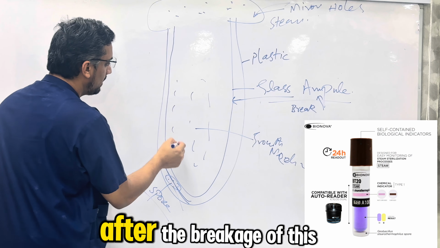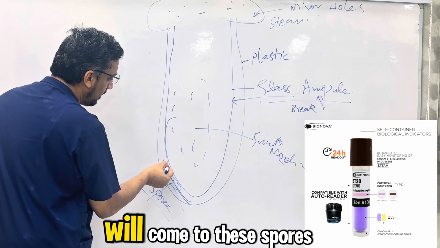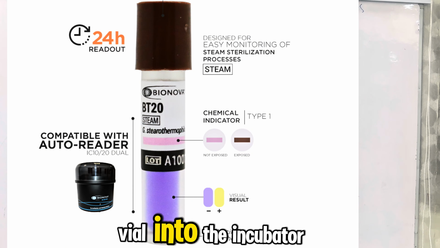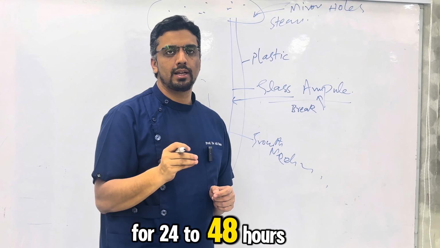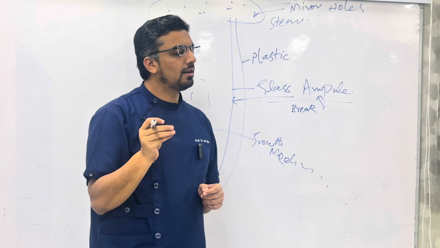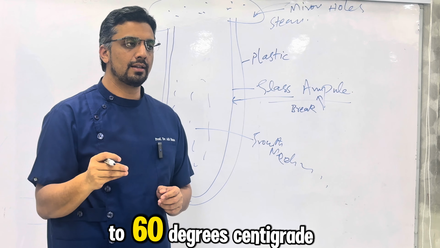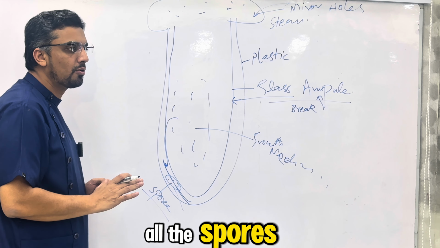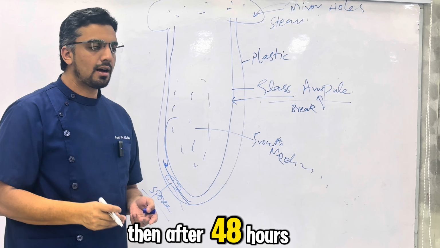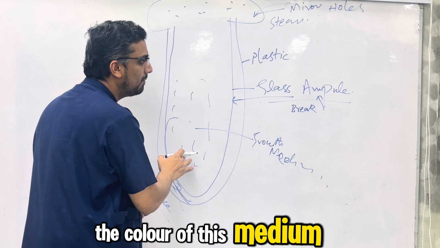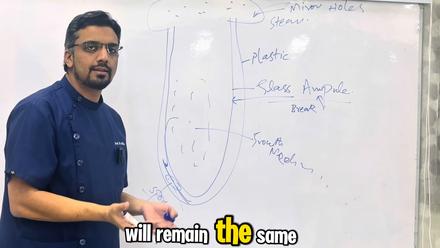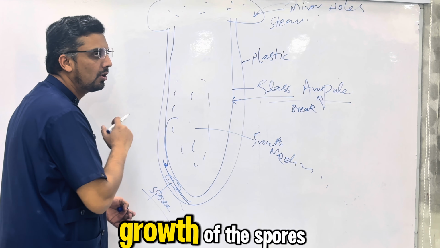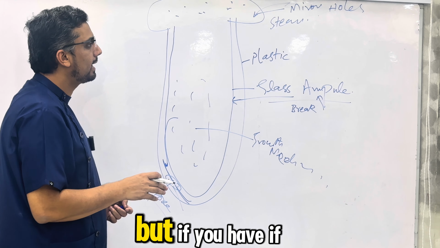The growth medium, after the breakage of this glass ampule, will come to these spores, and you place this vial into the incubator for 24 to 48 hours at a temperature of 55 to 60 degrees centigrade. As you have destroyed all the spores, after 48 hours the color of this medium will remain the same, blue, because there will be no growth of the spores.